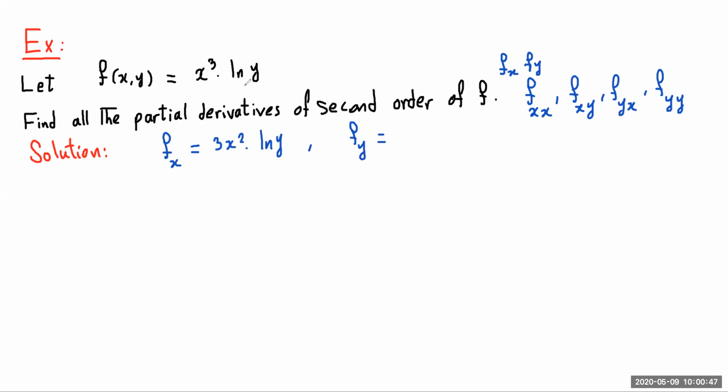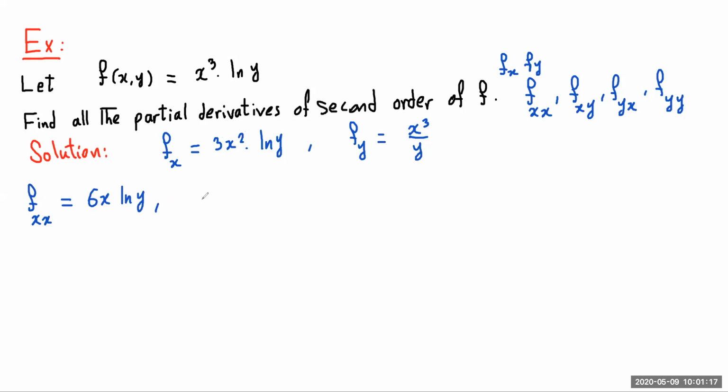The derivative of ln y is 1 over y, times the constant x power 3, so x power 3 over y. Now let's continue and calculate fxx. The derivative with respect to x of 3x power 2 is 6x, times the constant ln y, so 6x ln y.